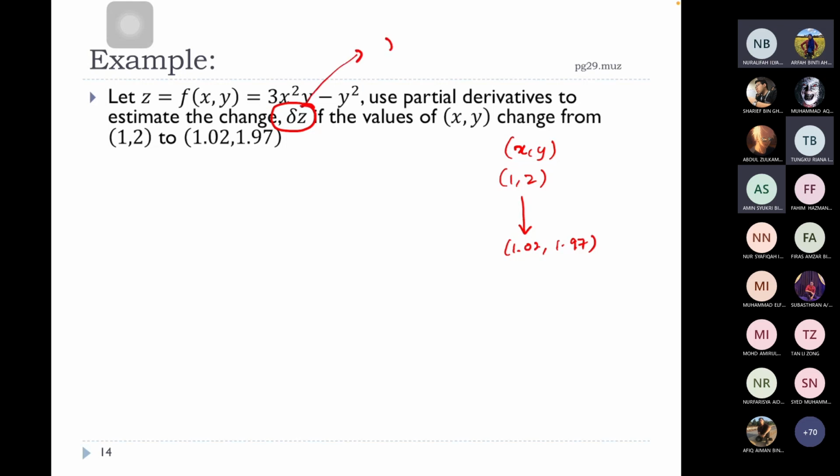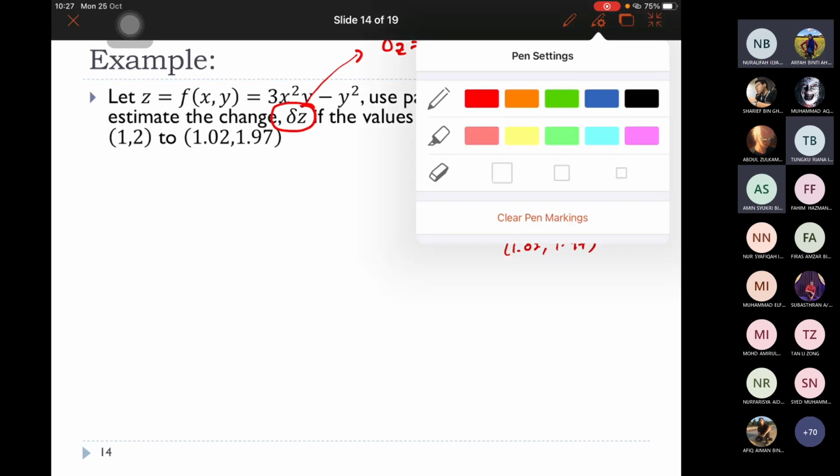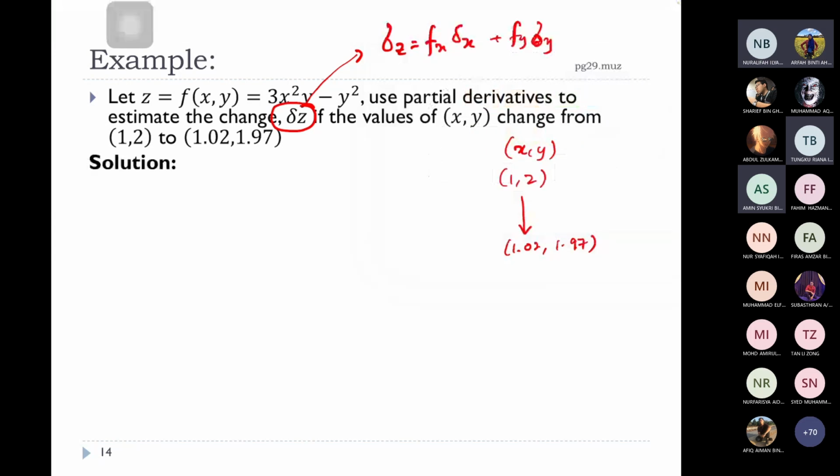So we have the equation delta z equal to fx delta x plus fy delta y. Okay. So, equation yang dia bagi, the given equation in here, you are going to have f of x y sama dengan 3x squared y minus y squared.